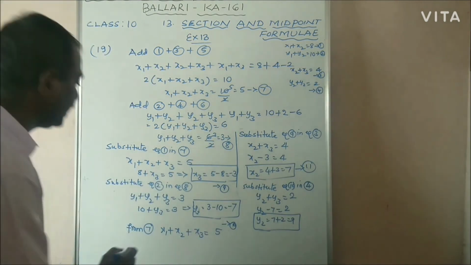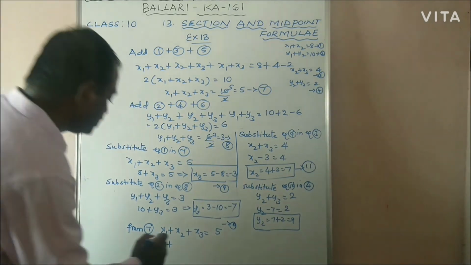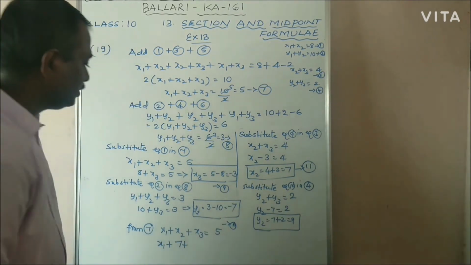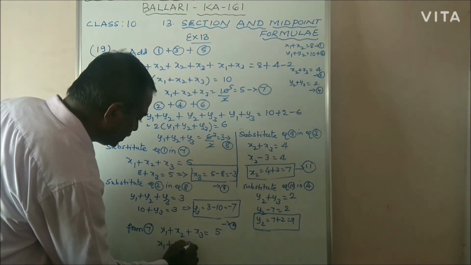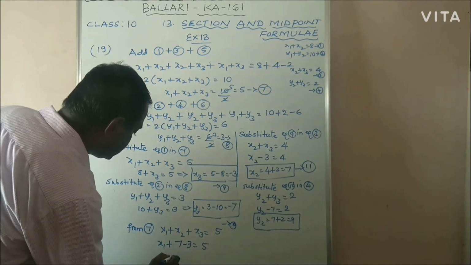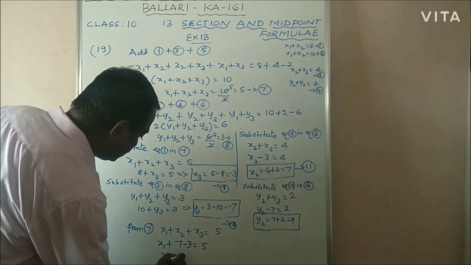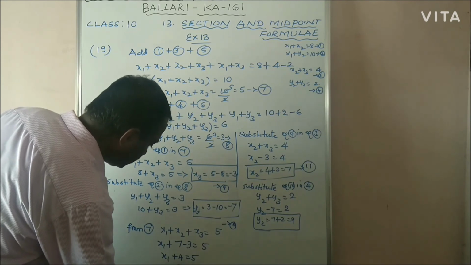We have to find x1. x1 plus x2, how much did you get? 7. x3, how much did you get? Minus 3, is equal to 5. x1, 7 minus 3 is 4, is equal to 5. x1 is equal to 5 minus 4 is equal to 1.